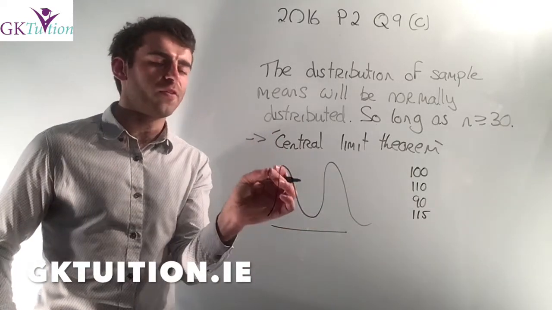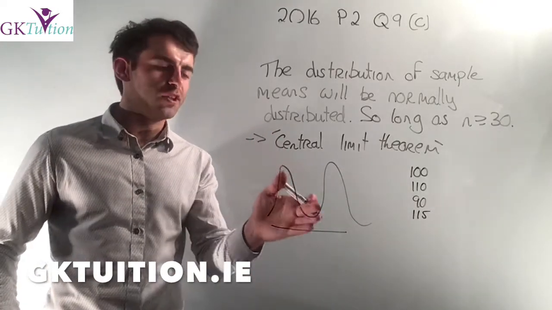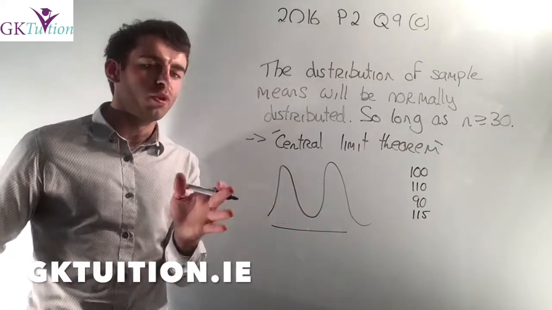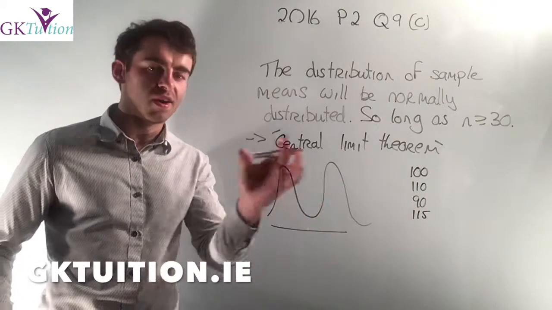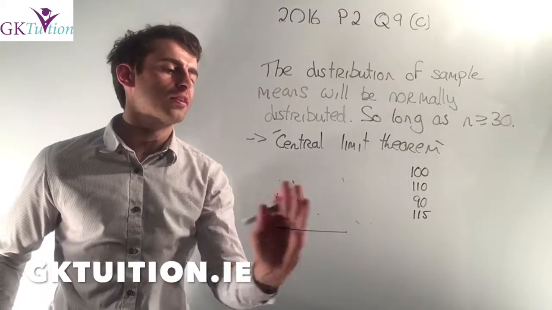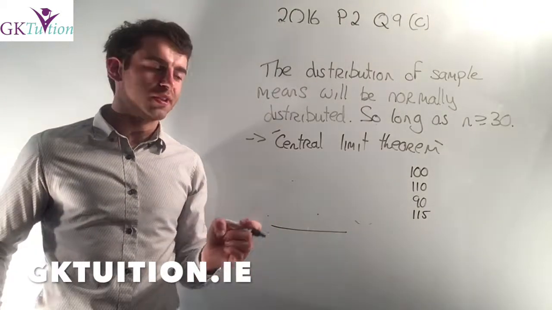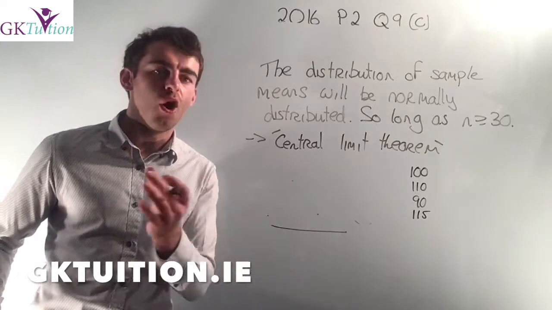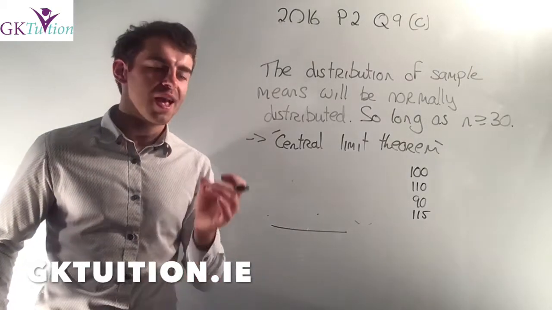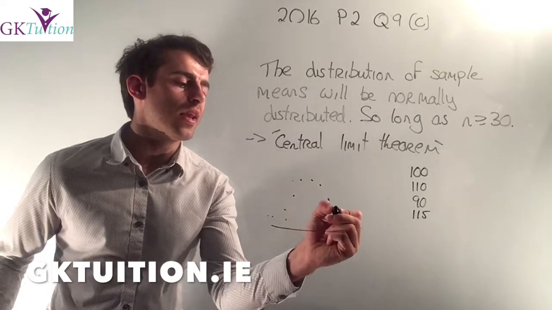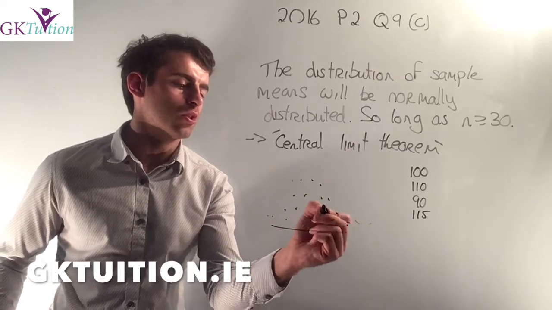So even though if I plotted every individual farm, there'd be loads of small ones and loads of big ones. It's not a normal distribution. But if I plotted the average farm size in each county, or in other words, if I get a whole load of sample means and I get the average in each county, and if I plot them, they will form a normal distribution.